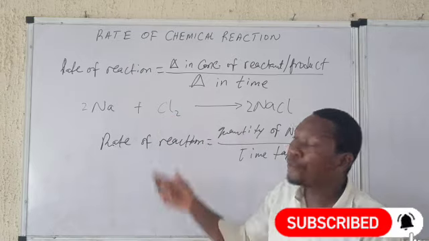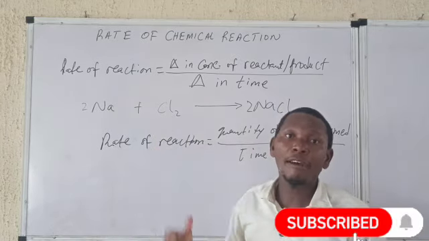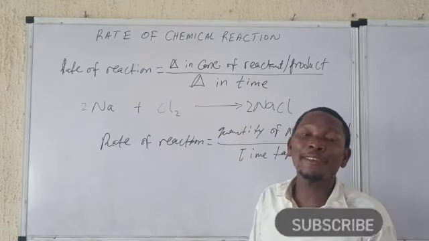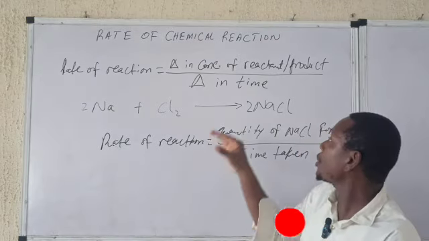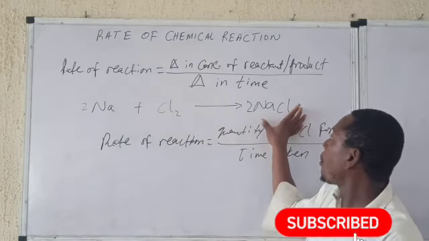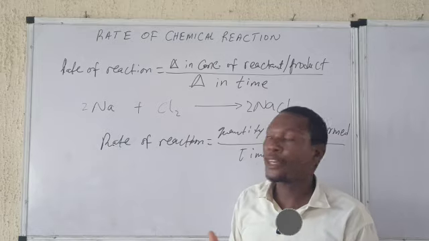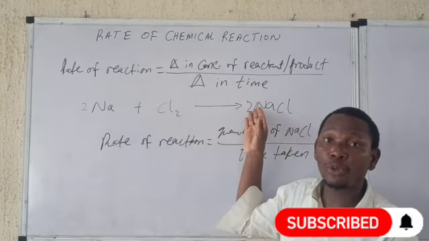If you increase the temperature, they also gain energy and collide faster. So this fast collision can result in effective collision, which now surpasses the activation energy, and this will now combine to form the product. But if the collision is ineffective, they collide and go their separate ways, and it will not result in the formation of the product.